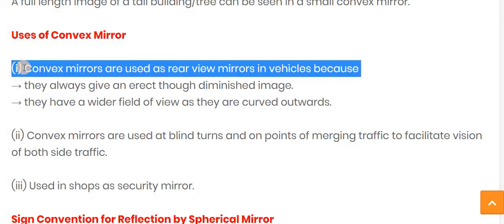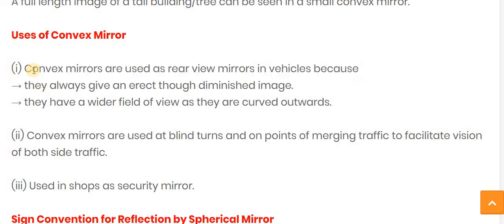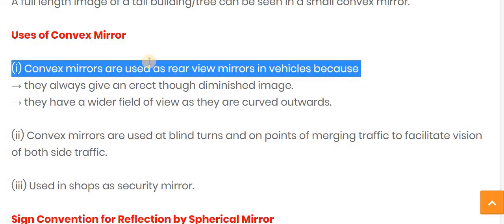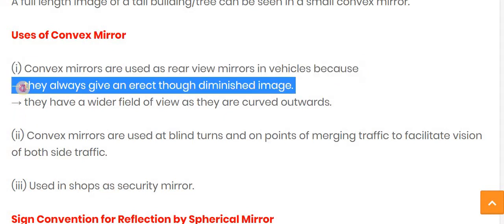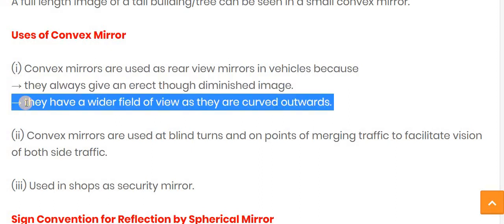Let's revise the uses of a convex mirror once more. Convex mirrors are used as rear view mirrors in vehicles because they always give an erect, diminished image. Second, they have a wider field of view as they are curved outwards.